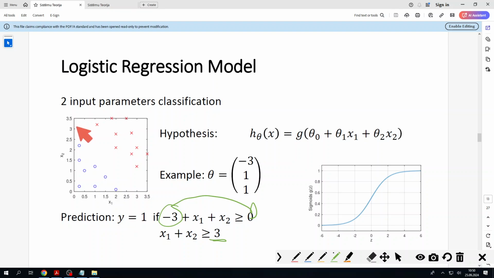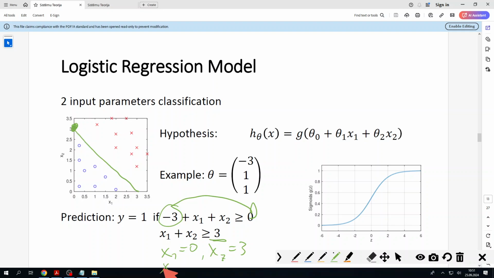Which is basically this line. If I can, I'll try to draw it more accurately, but it goes through this point: when x1 is 0, x2 is 3, so together they are 3. And accordingly, x1 is 3 and x2 is 0. So I put 2 points: x1 equal to 0 and x2 equal to 3, which is true for this condition, and that is this point.